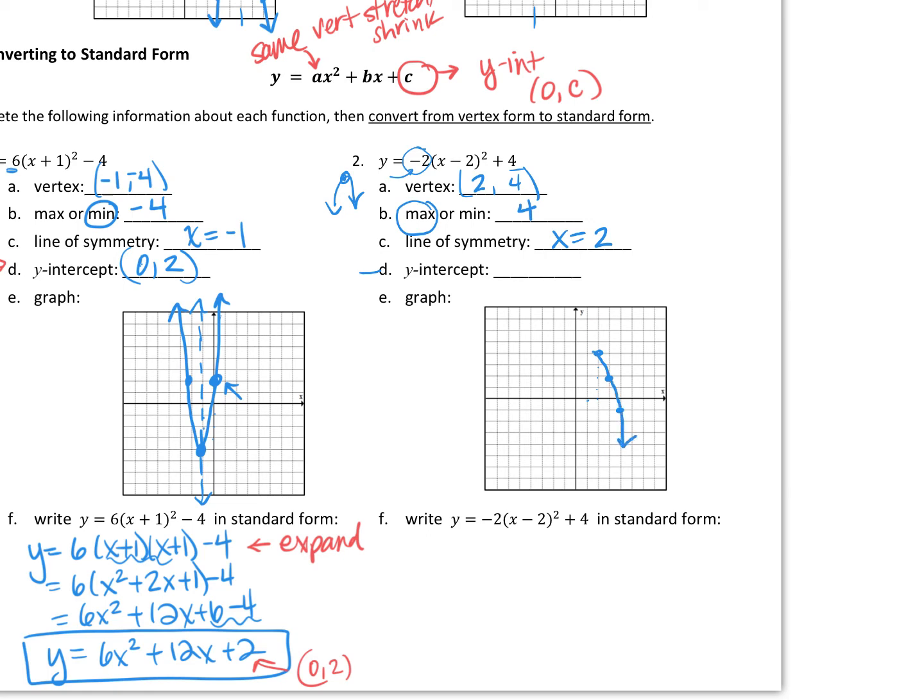My axis of symmetry is at x equals 2. So if I draw that in, now I can just reflect it. 1, 2, 1, 2. Oh wait, this one should be right there. And then I can draw the rest of my parabola.